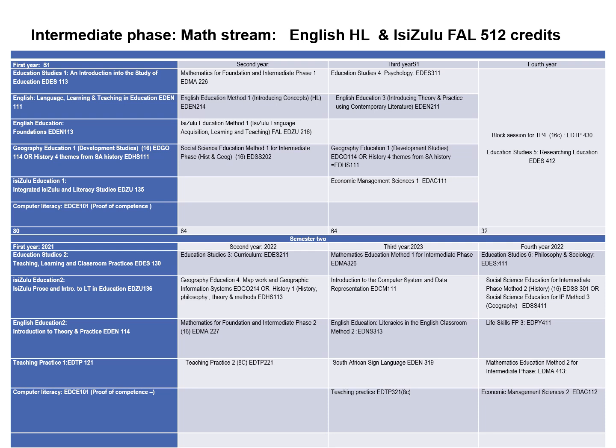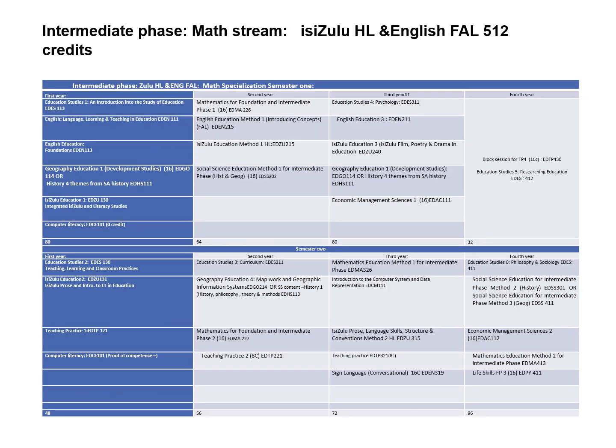The slide pays attention to the mathematics stream where English is home language and isiZulu is FAL. Reflected on this slide is the math stream where isiZulu is a home language and English is FAL. Again, it shows exactly which module a student needs to complete from year 1 to year 4 for semester 1 and 2.